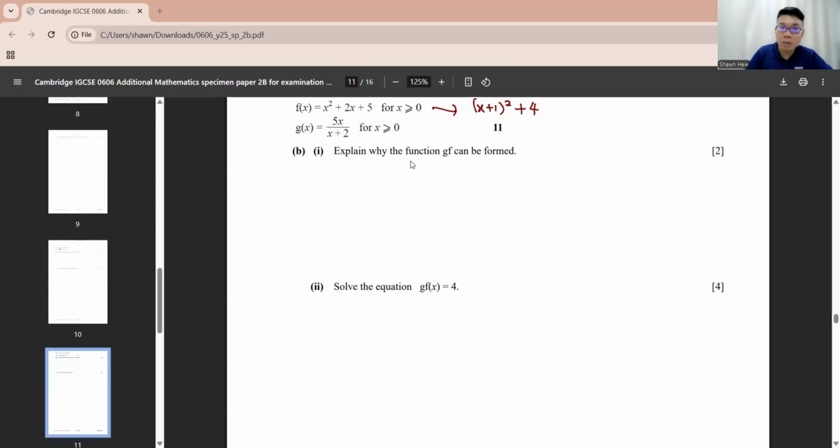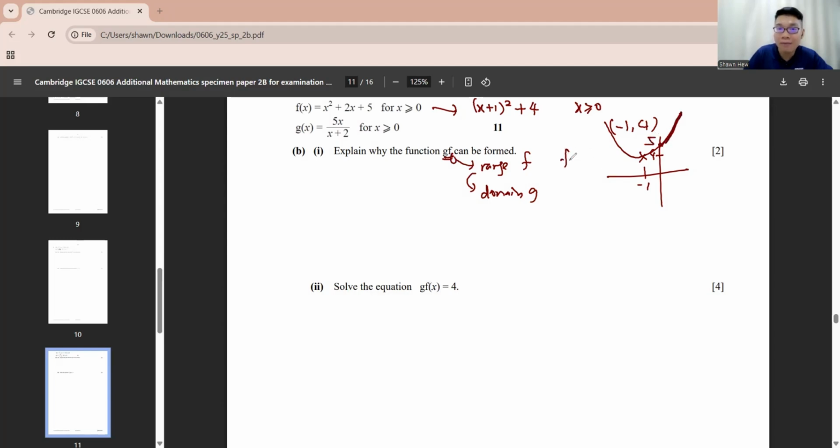Part B, explain why function gf can be formed. In this situation, we need to check the range of the inner part, which is the range of f. Make sure this is able to fit in here. So we check the range of f first. The question says x is more than 0. We know the turning point is -1, 4. When x is more than 0, it actually starts from 5.